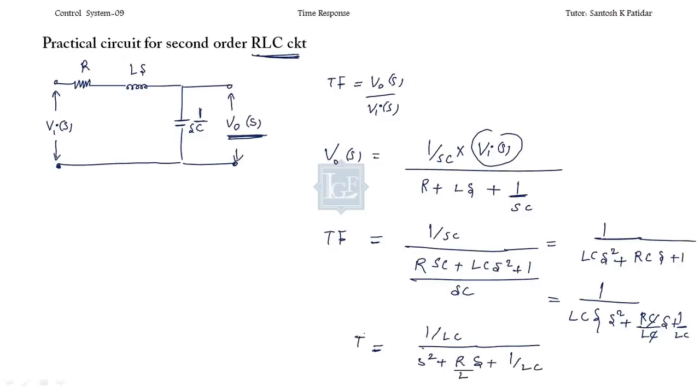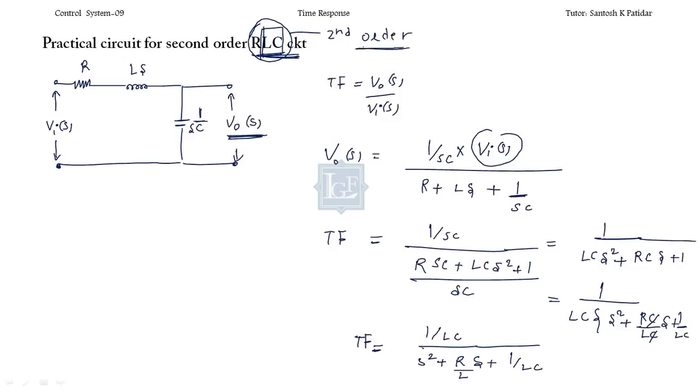This is your transfer function for the practical RLC circuit. Okay, you have two energy storing devices over here, so this is the second order system.